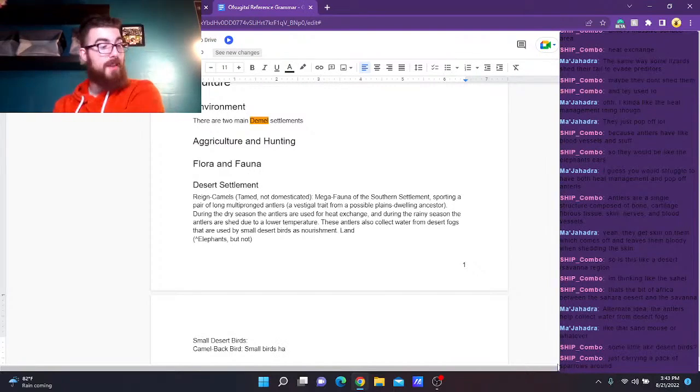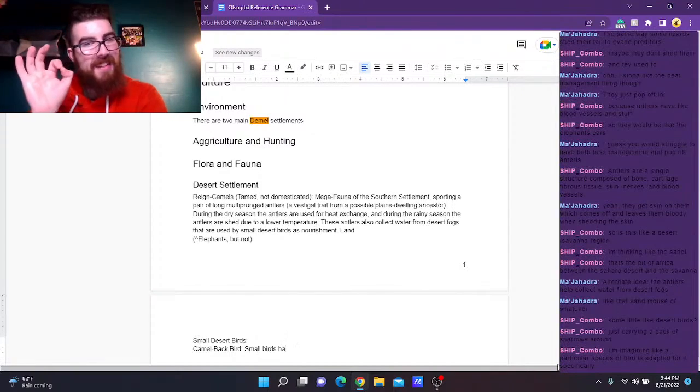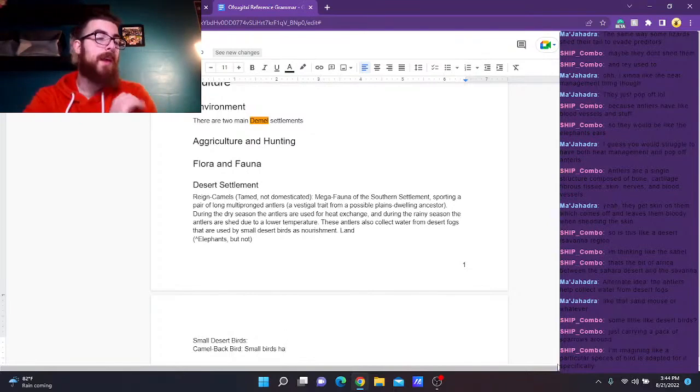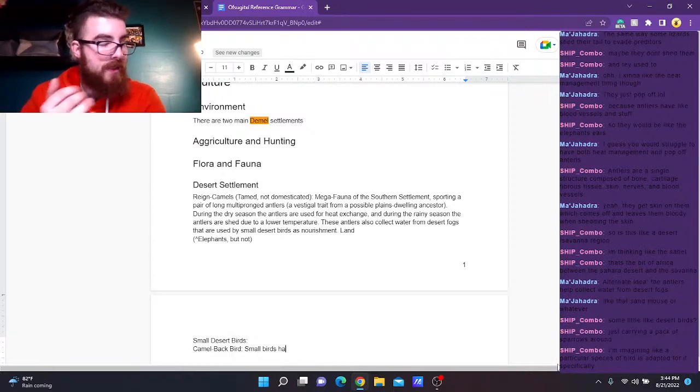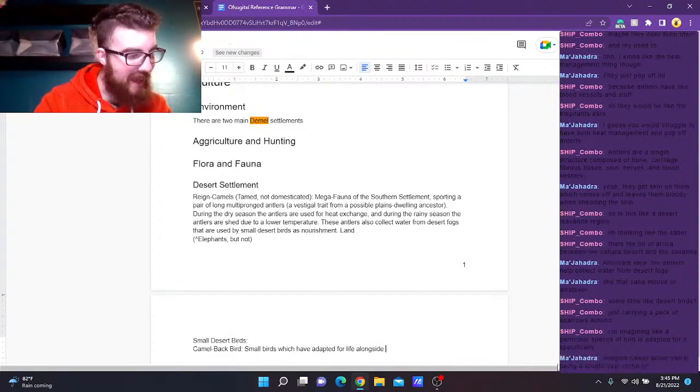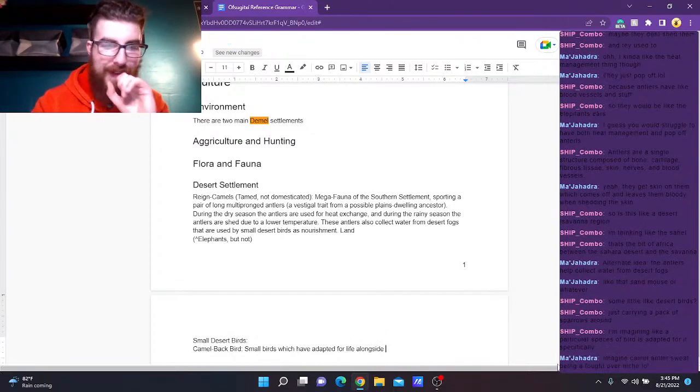Yes, a small specific species of bird adapted for it, which is why I think those spines could collect water, growing or evolving to collect water because these birds are living off of it. Imagine camel antler sweat being a fought-over niche.